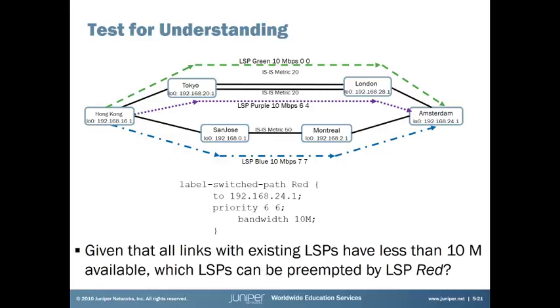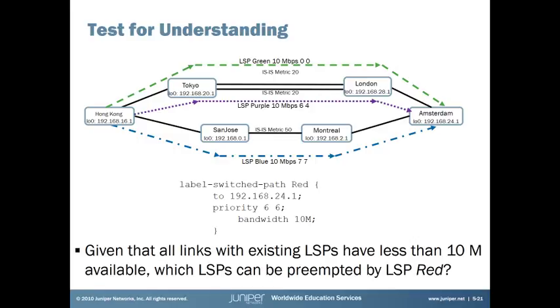So green, we've got setup and hold 0, 0. Purple, the hold is 6, setup is 4. And the blue, the hold is 7 and the setup is 7. And a new path 6 and 6. Okay, looking at that, which ones can get torn down? What's stronger? 0 is stronger than 7.